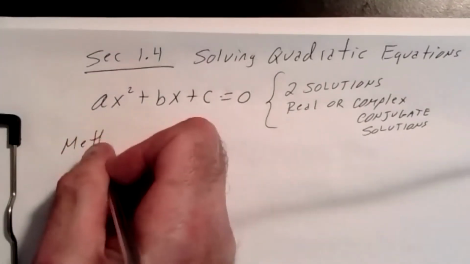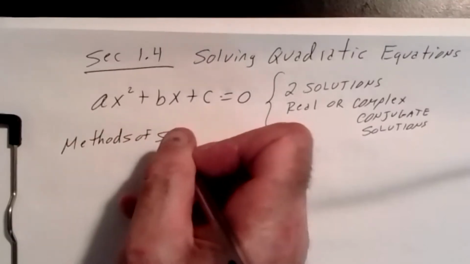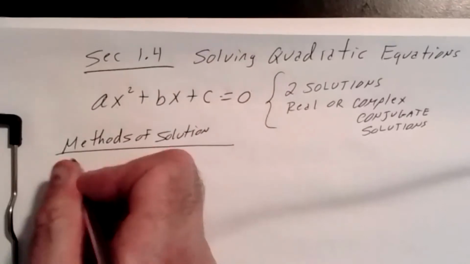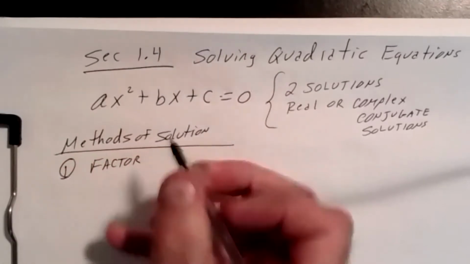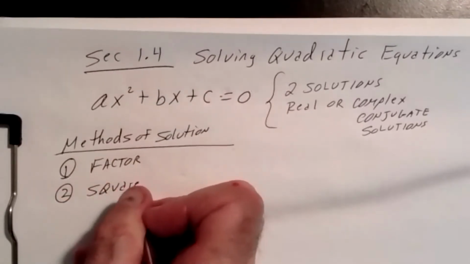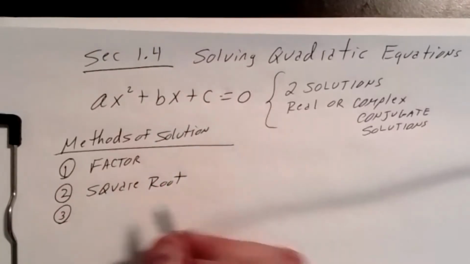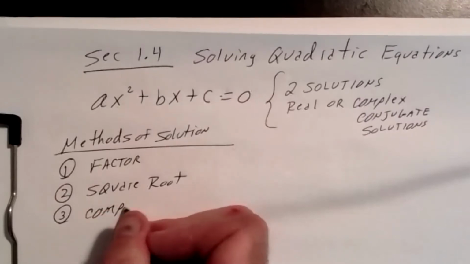Many, many ways of solving quadratic equations. Most popular method is the factoring method, if you're able to factor. Then we have another technique called the square root method. If those fail, we have another technique called completing the square method.